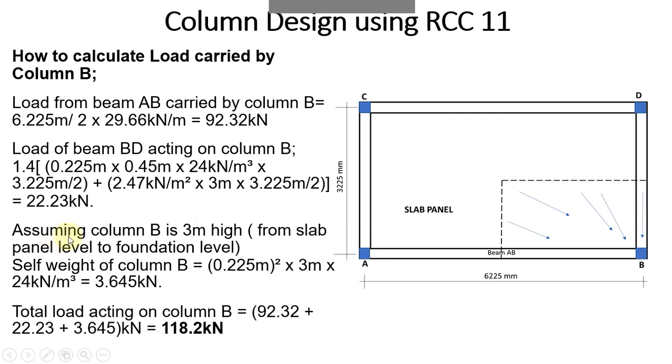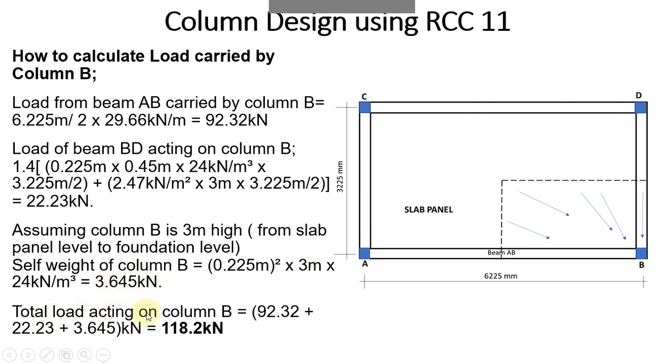Assuming column B is 3 meters high, we are now going to add the load of the column itself. Assuming column B is 3 meters high from slab panel to foundation level, the self weight of column B is equal to 0.225 times 3 times 24, which is 3.645 kilonewton.